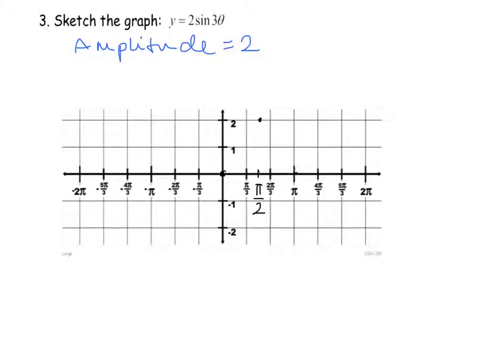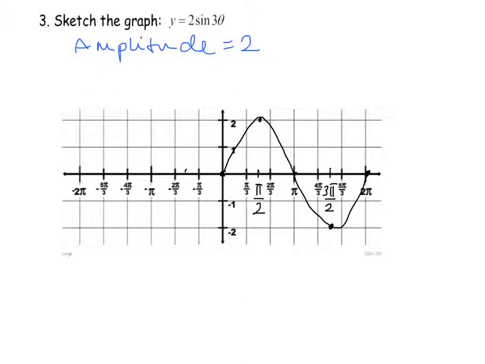At pi, we have 0. At 3 pi over 2, we are going to have negative 2. And at 2 pi, we have 0 again. So here is one cycle of my sine graph with an amplitude of 2.